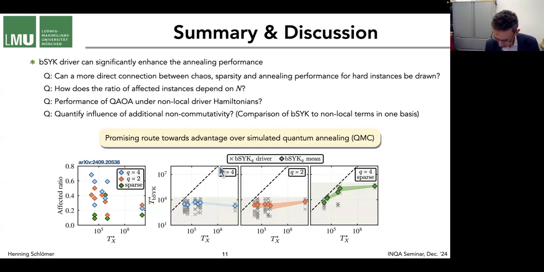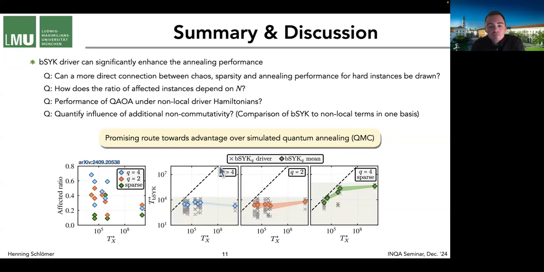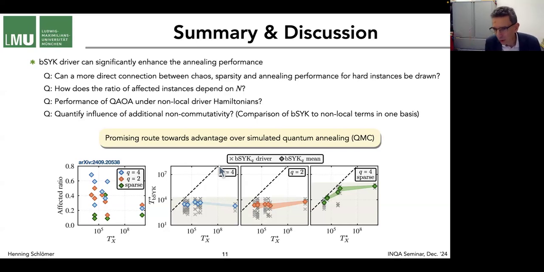Understood. Maybe I can have another quick question. There's a weight, which I guess you call capital J in your SYK Hamiltonian, that comes in front of the Paulis. Do you need to tune that weight, or is it just +1 or -1, or how have you optimized that?